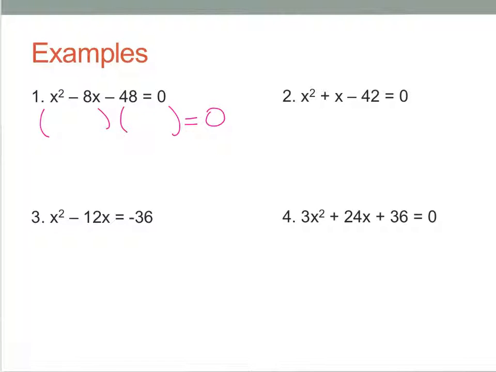We're thinking of factors of negative 48 that will add up to negative 8. So factor x squared, we have x and x. Well, factors of negative 48 that add up to negative 8: positive 4, negative 12. Okay, so let's set each of our factors equal to 0.